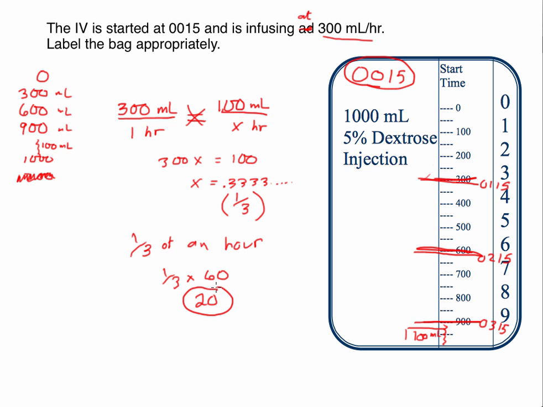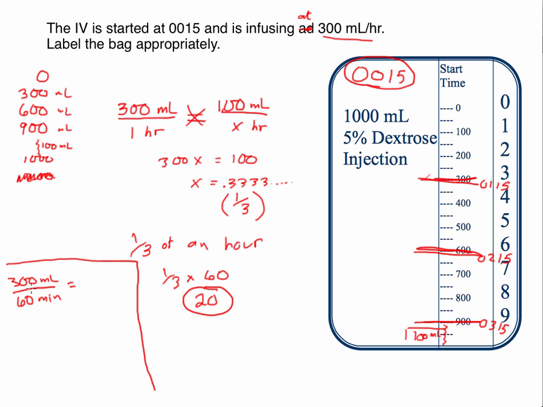Now, all of this could be done this way, right? Thinking about, well, I do know there's 100 milliliters that need to be infused. 300 milliliters are infusing every hour. The other thing that you can do is to just write your proportion, not in terms of 300 milliliters over 1 hour, but you know that 300 milliliters are going to infuse over 60 minutes, right? That's the same as 1 hour. Why is that helpful? Well, because up here we had to solve for hours, and then we converted hours into minutes.